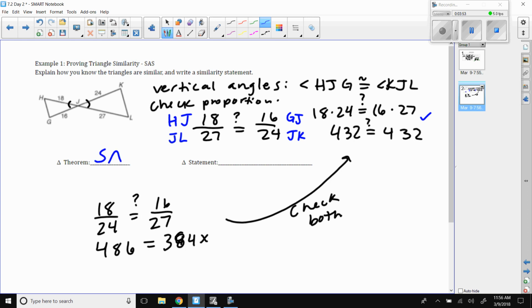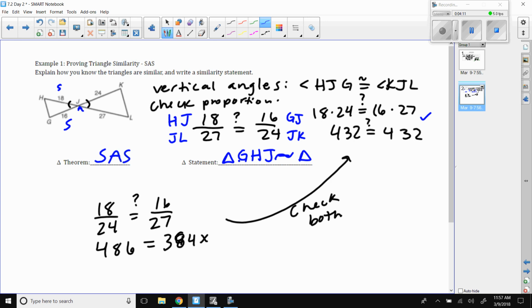So the theorem that we're talking about is side angle side, because I've got a side, an angle, and a side here. And then I want to have my two triangles, and I want to make sure that I use the correct notation. GHJ is going to be similar to triangle.